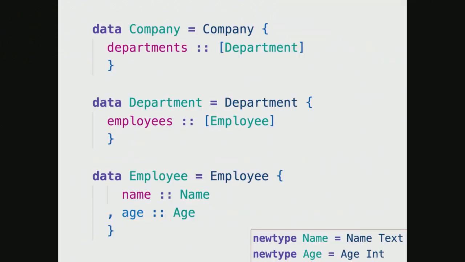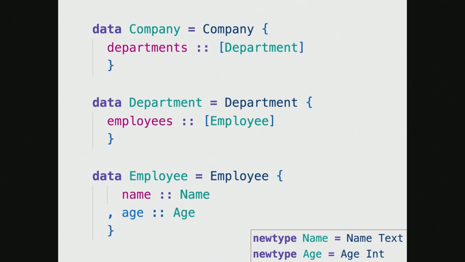So before we see how it works to build a full application, let's see another example on how we can use this registry to assemble functions to do useful things for us. So let's say you want to encode a data structure that's a tree in JSON. You have a company, having departments, having employees, name and age for each employee.